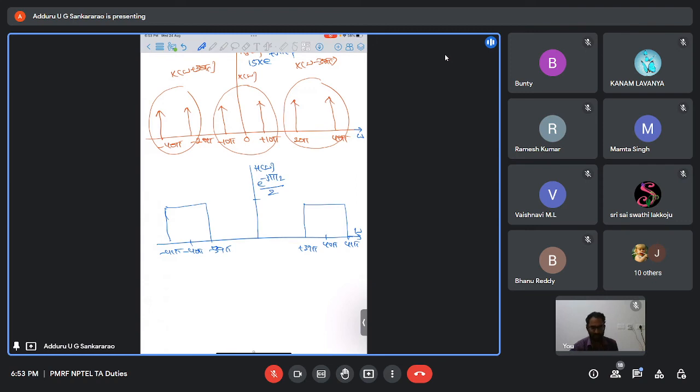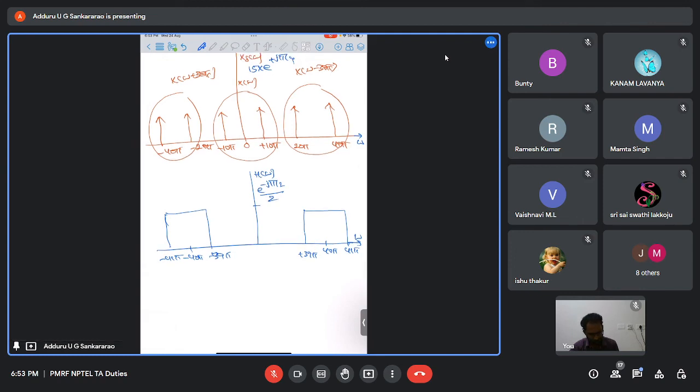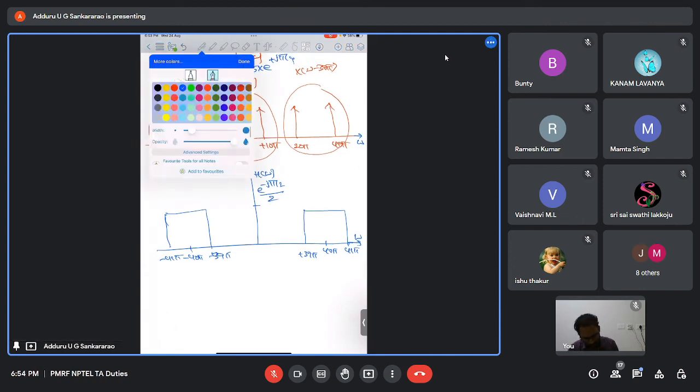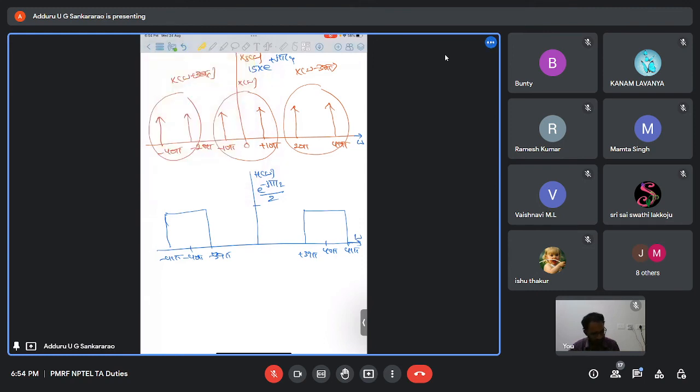Now if you see here, the pass band is from 39 pi to 41 pi, right? So only this will go, because the pass band is around 40 pi.